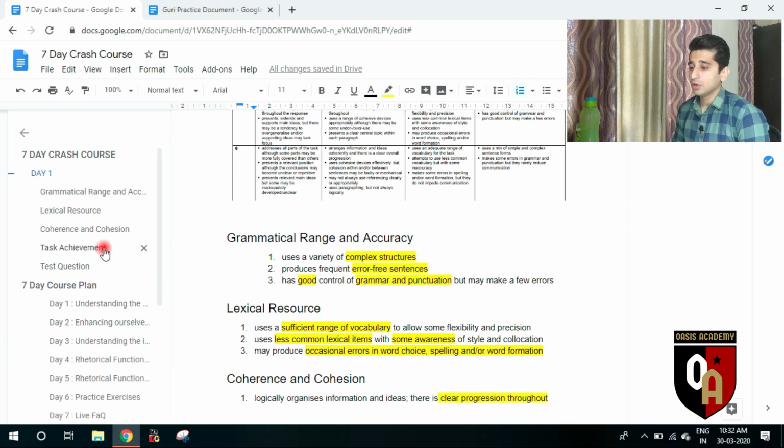This is the step that most students skip. Most students don't even know what a band descriptor is, and if you don't know about it, I'm sorry, how are you going to prepare yourself according to the examiner's needs? You won't be able to.